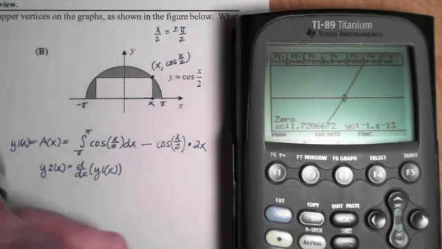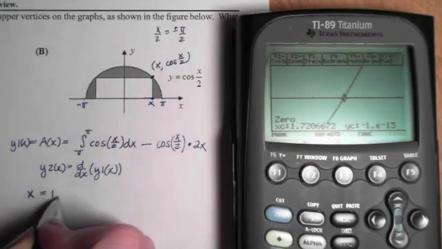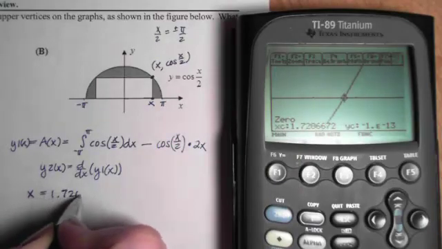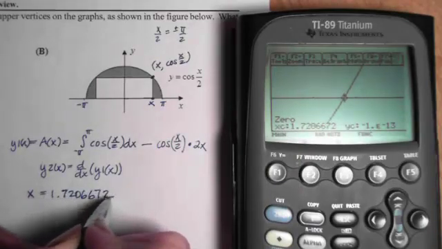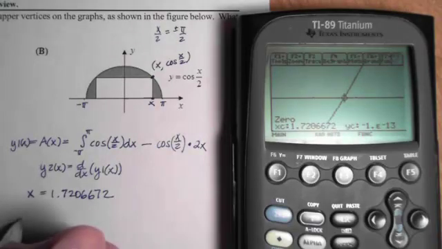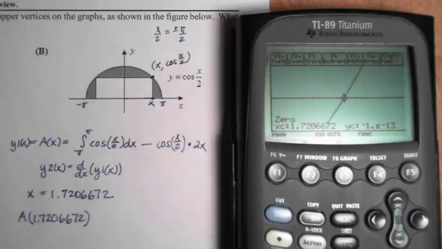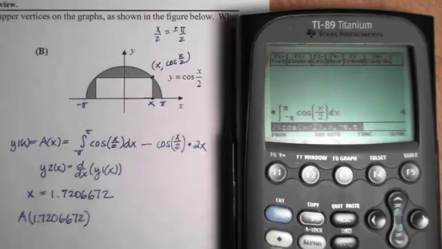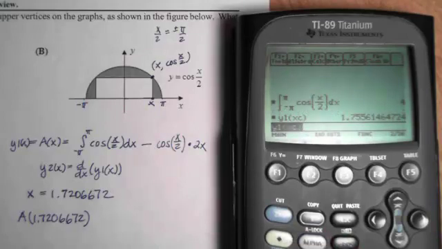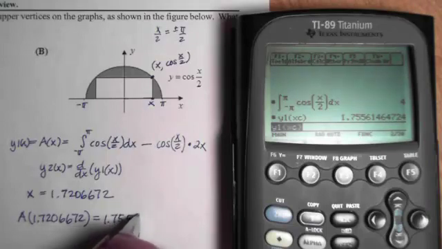Again, we have a location of a minimum, which is at 1.7206672, and now we need to find out what the area is going to be at that value, because I want the minimum area. So it's stored as xc. I can go back to my home screen, and I can do y1 of x alpha c. That means my minimum area is 1.75561, and we're done.